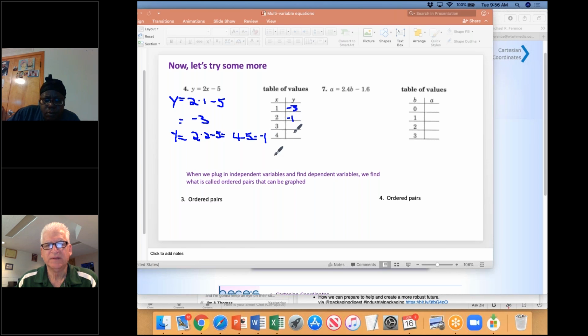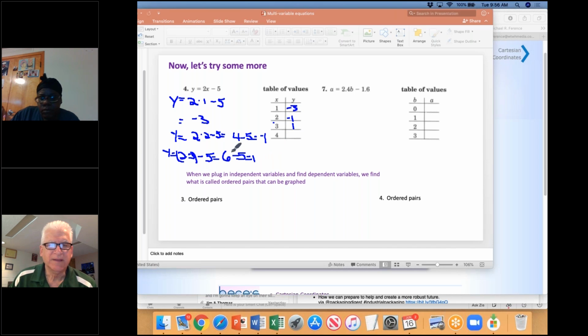When I plug in 3, I've got y equals 2 times 3 minus 5. 2 times 3 is 6, minus 5 equals 1.